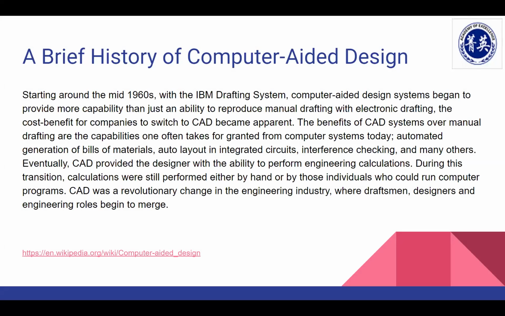This all started back in about the 1960s when IBM's drafting system started to design and implement software to use computer technology at the time to aid in drawings. Before then, you would have a floor of engineers doing all kinds of drawings by hand, especially in the automotive industry.